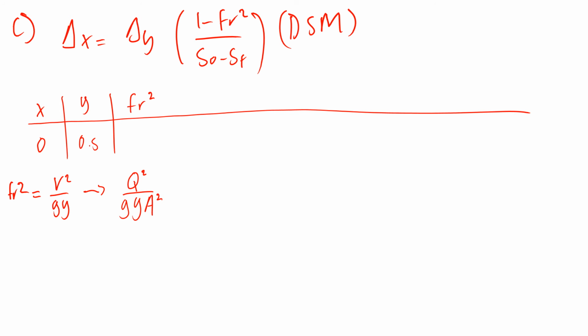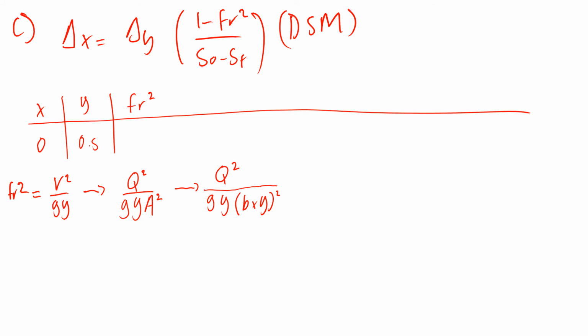If I open this up, you get Q squared over g y times (b times y) squared.